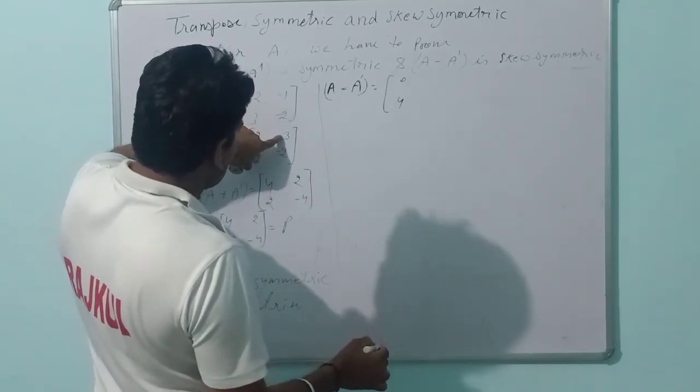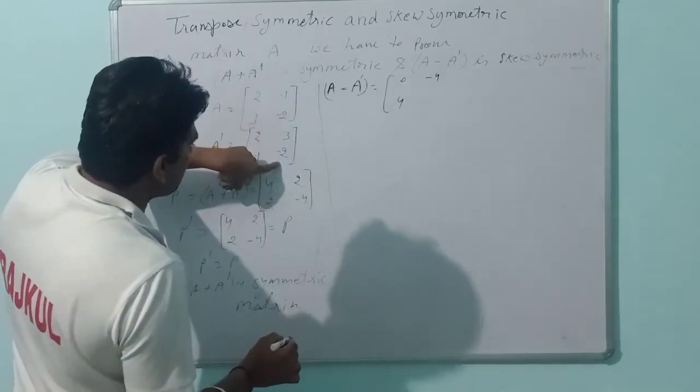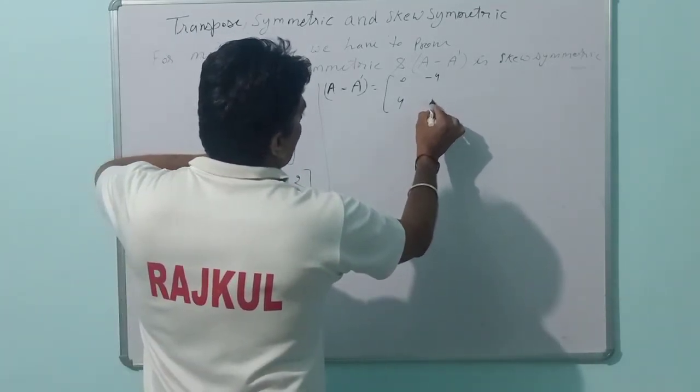Minus 1 minus 3 is minus 4, and 2 minus 2 is 0.